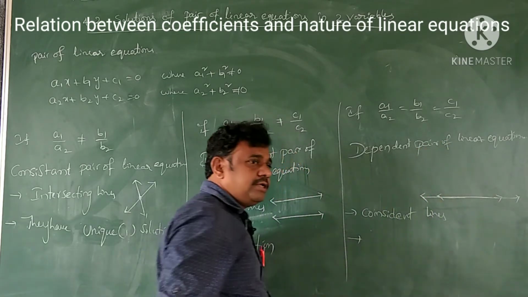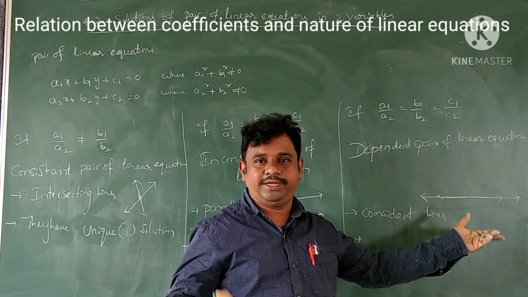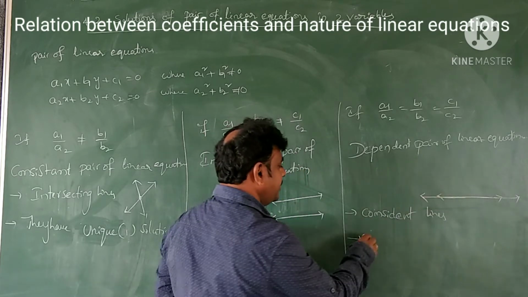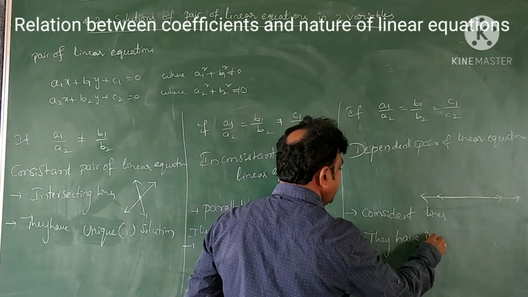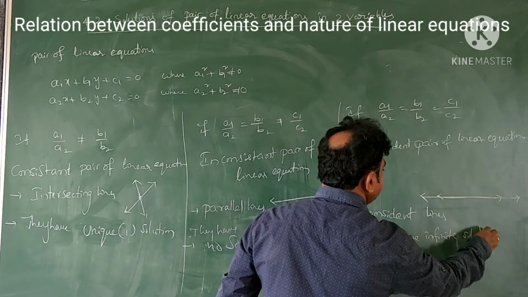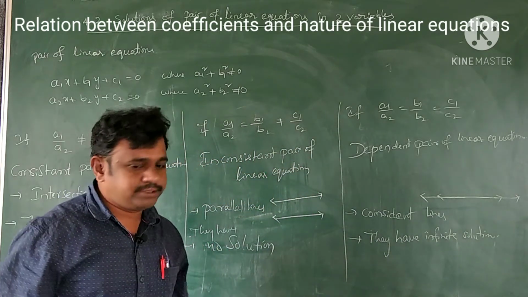How many solutions? The common points of these two lines are infinite. So they have infinite solutions.